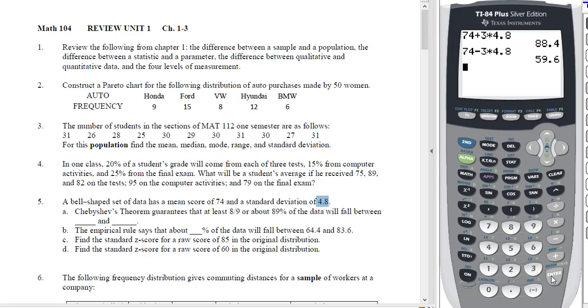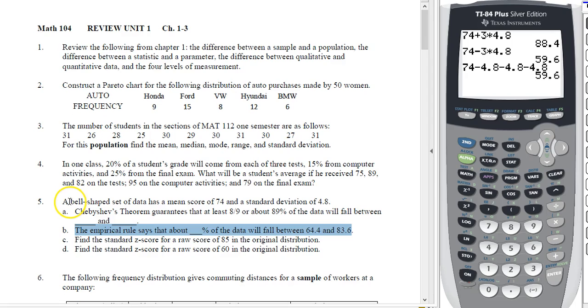And again, if you wanted to, you could take the mean and physically subtract the standard deviation 3 times to get the value that's 3 standard deviations below the mean either way. So 59.6 to 88.4.